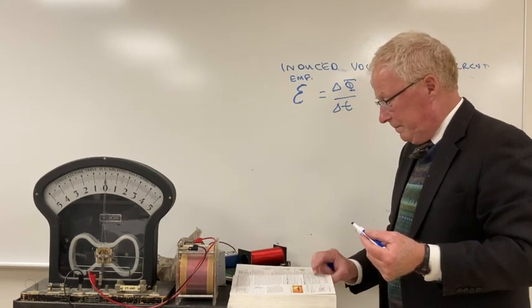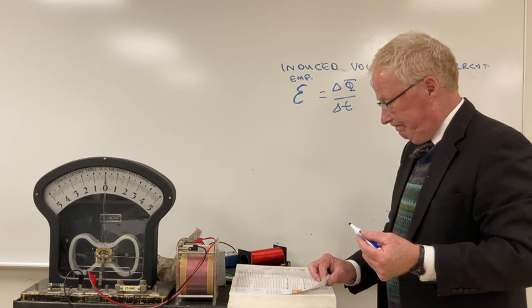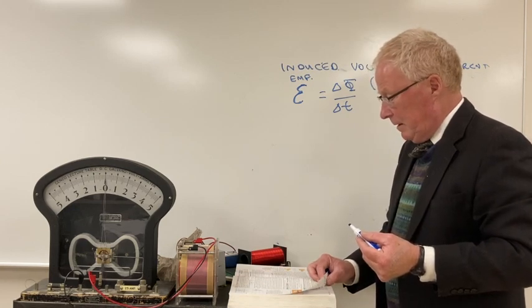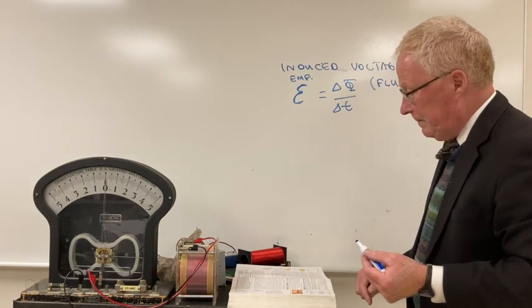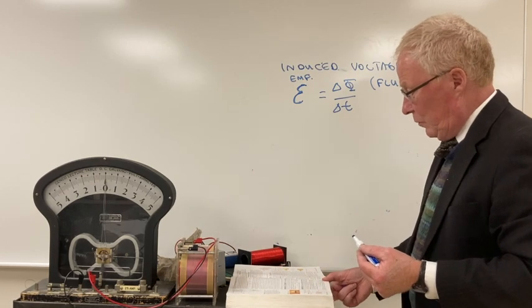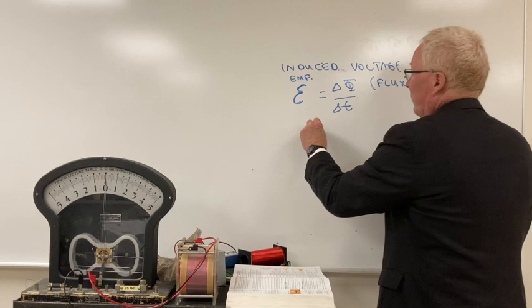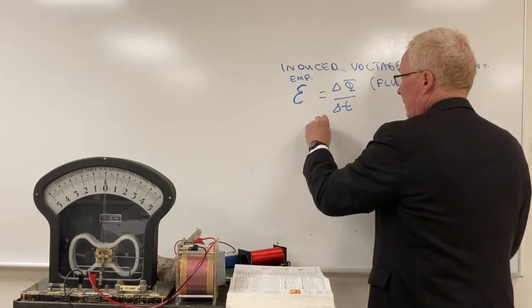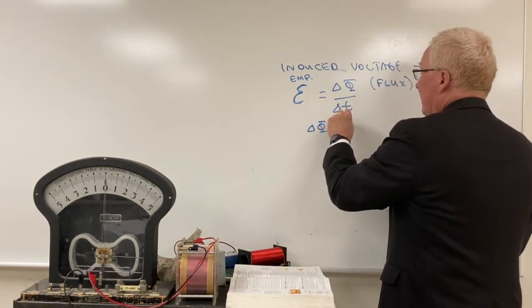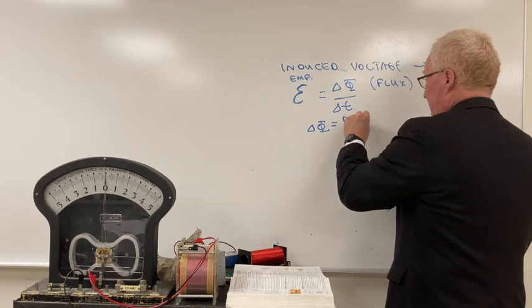But to understand it a little better, there are two different things we can change. We define flux as B times the area.